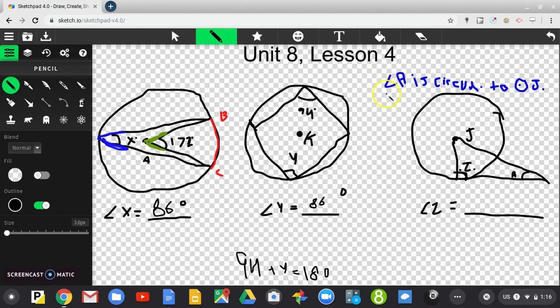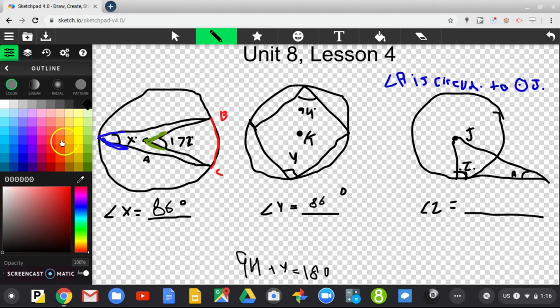So we have information up here. Angle A is circumscribed to circle J. So angle A, let me outline that in pink. This is angle A, it is circumscribed. You may not know what that means. I'll explain. To circle J. That's this circle right here.